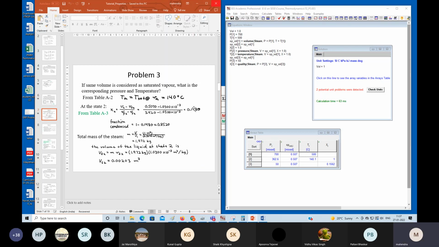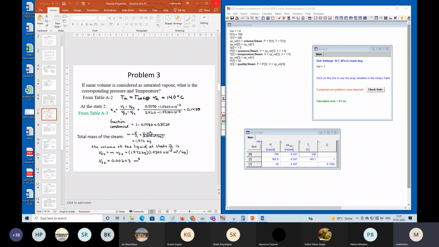So 15.62 percent is steam, the rest of that is liquid. That is the reason we have done 1 minus this value; this fraction is liquid.